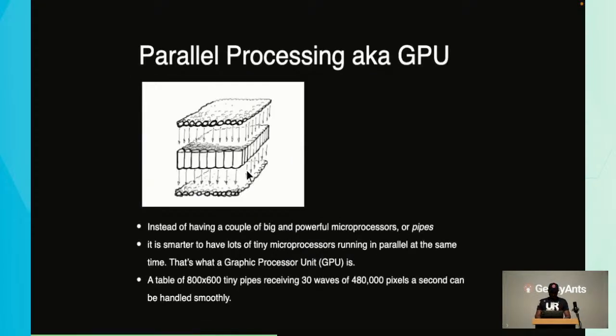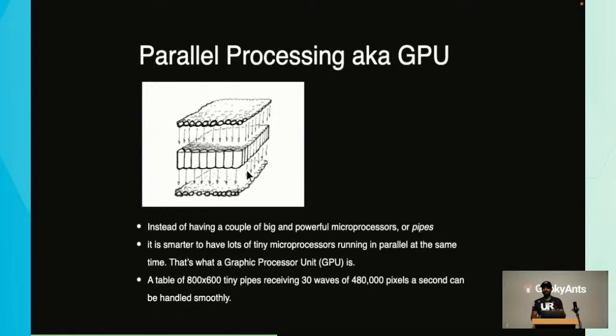So the GPU always uses parallel processing, right? In your GPU, we have a big powerful microprocessor, or pipes, we can say. Now we don't have only one pipe over here, we have many pipes. Let's say we have 800 by 600 tiny pixels receiving 30 waves, which is around 480 pixels a second that it can handle smoothly.